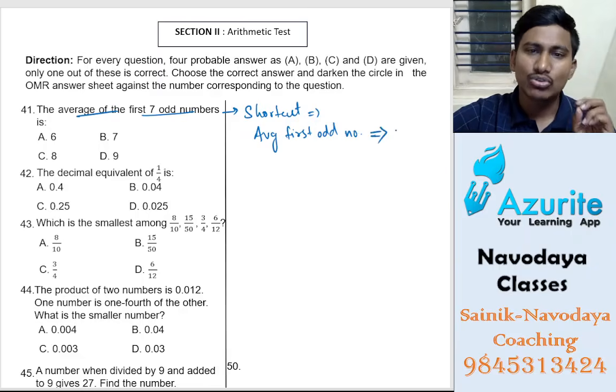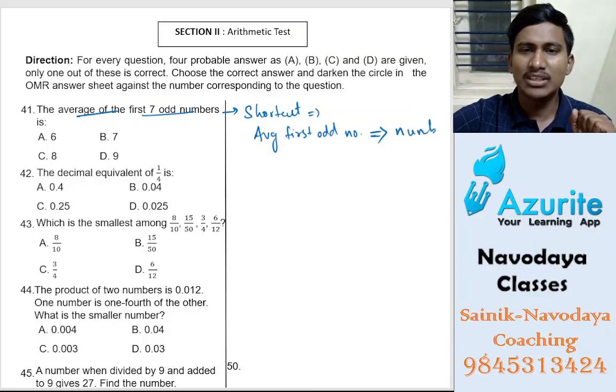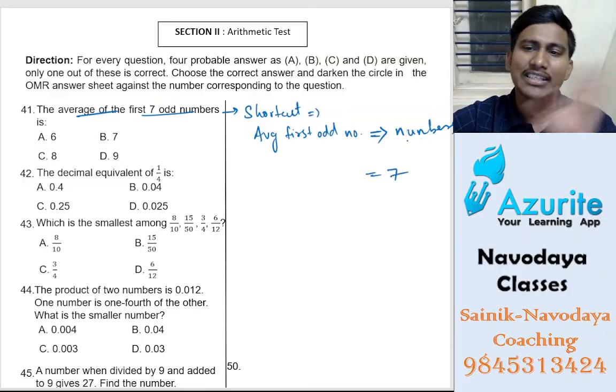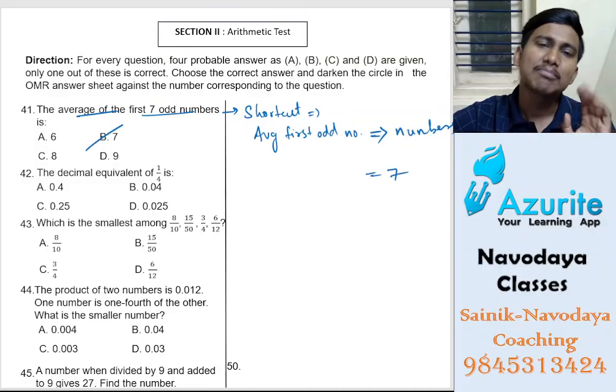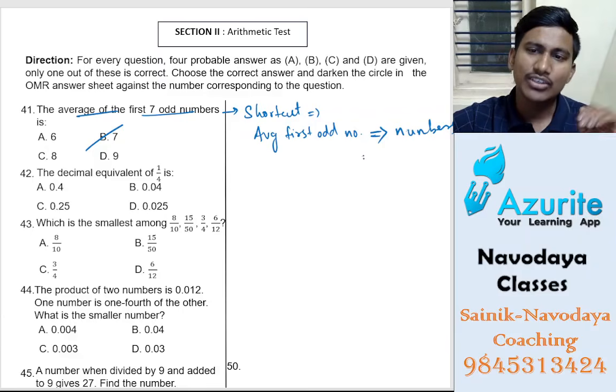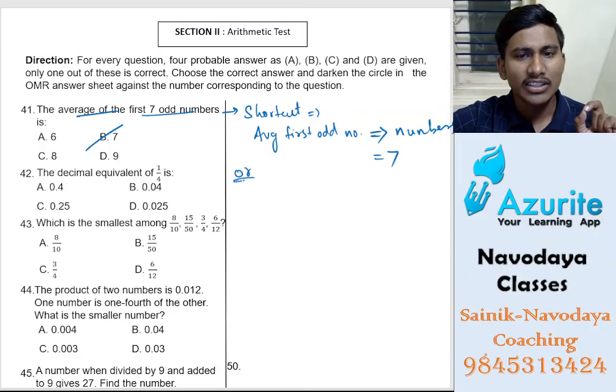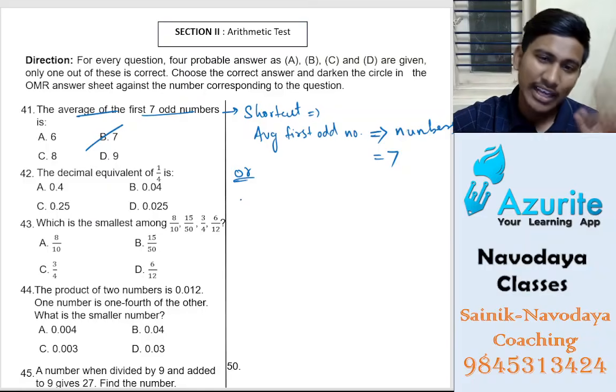How many numbers? The total here is 7, so that is n numbers. So the answer will be 7 directly. Option B here. Understand?